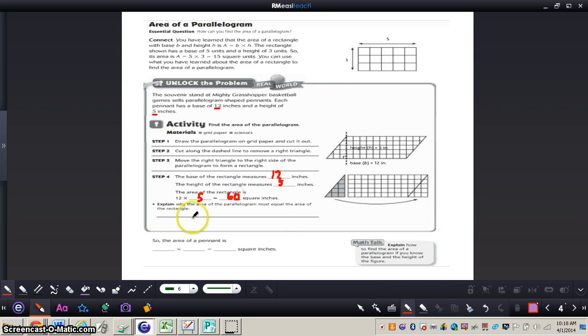All right, so the area here of a pennant, we're going to skip that explain part as well. So the area of a pennant is 12 times 5, giving us 60 square inches. So in order to find the area of a parallelogram, multiply the base times the height, and that will give you the area of the parallelogram.